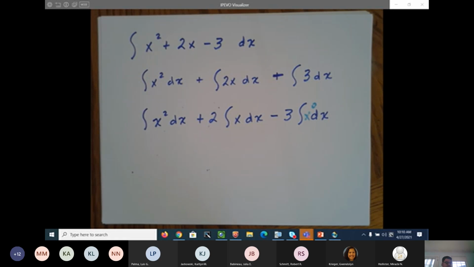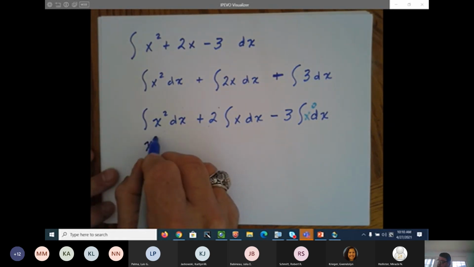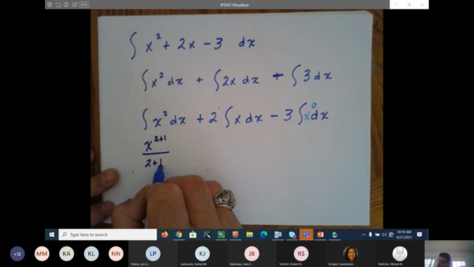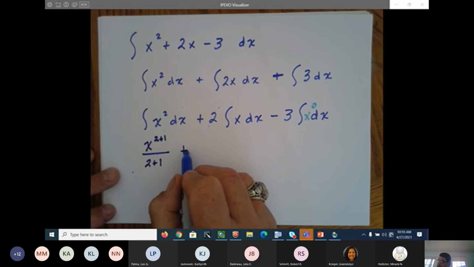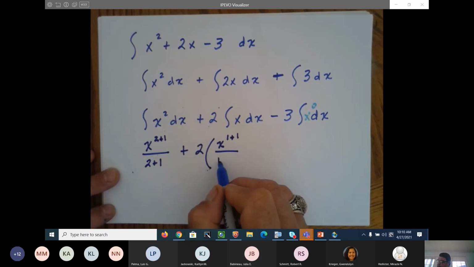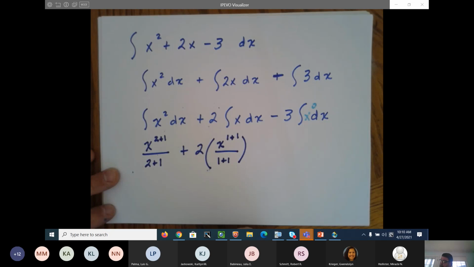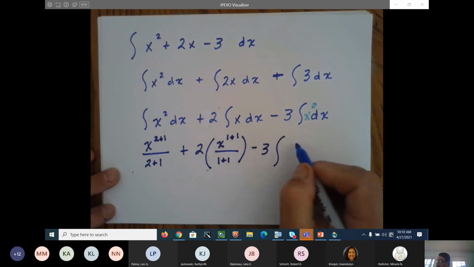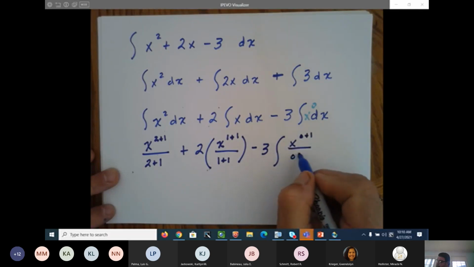Okay, so this is going to be x to the 2 plus 1 over 2 plus 1, plus 2 times x to the 1 plus 1 over 1 plus 1, minus 3 times x to the 0 plus 1 over 0 plus 1.